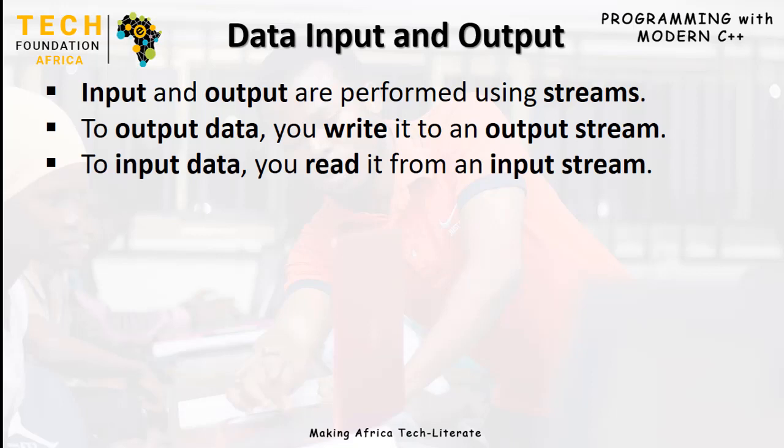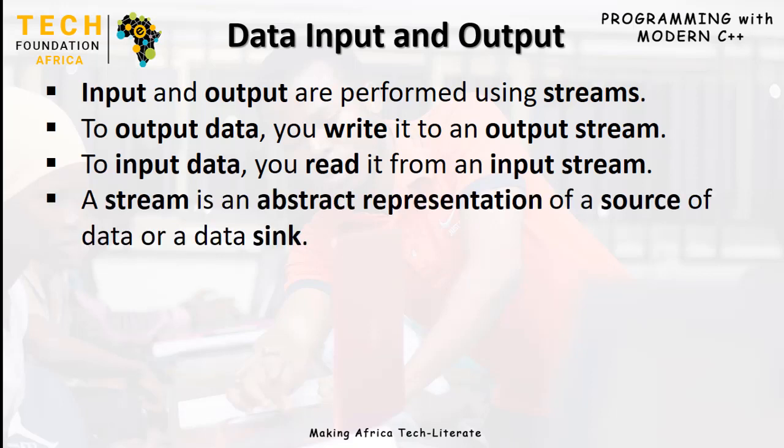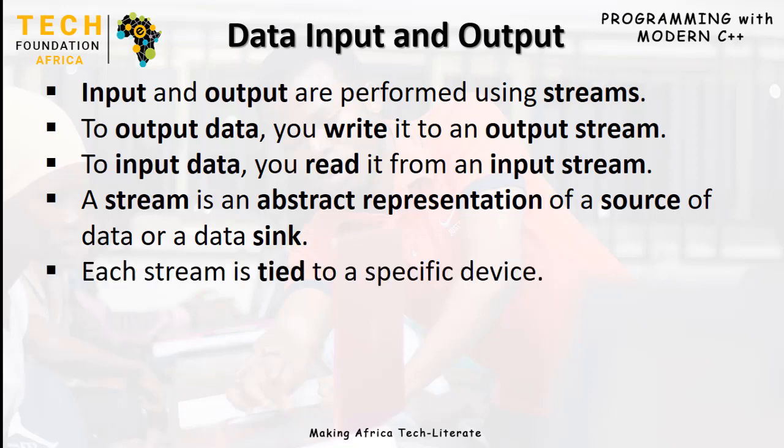Now a stream in computer terms is actually an abstract representation of a source of data or a data sink. A source produces, a sink takes. So that's the meaning of a data sink. Now, when your program executes, each stream is tied to a specific device.